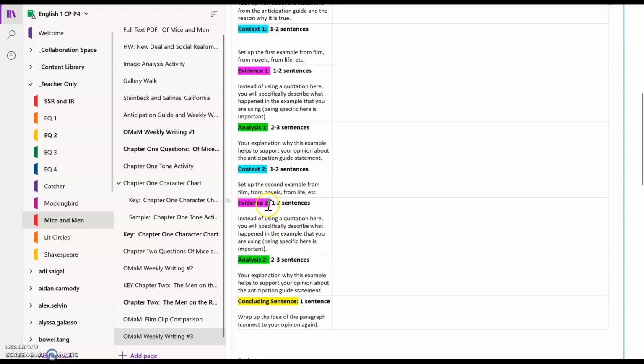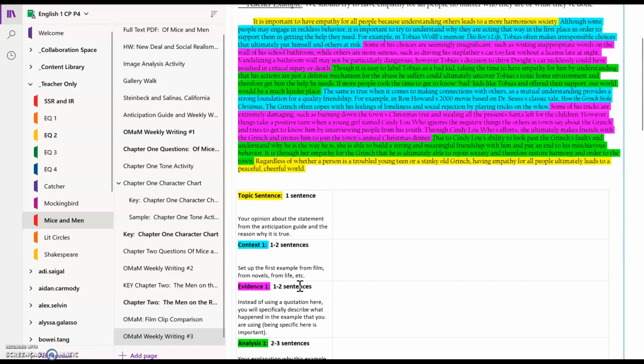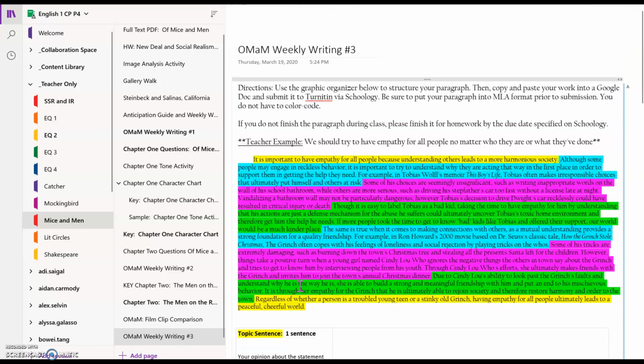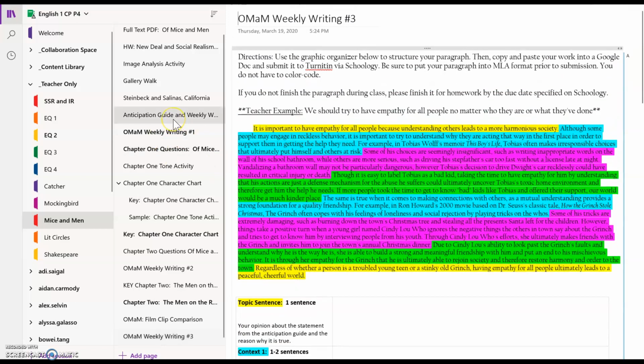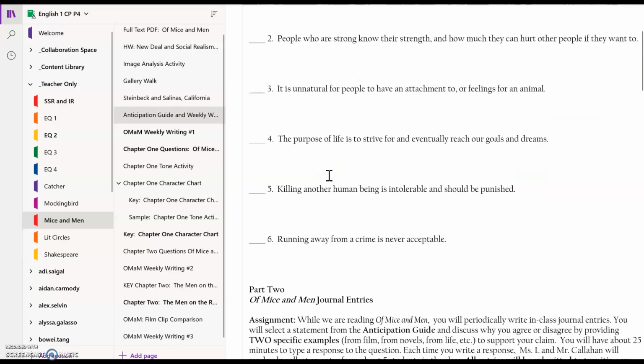Context for something else, evidence, analysis, and then a concluding sentence. So one single paragraph based on one of those 6 questions in the anticipation guide.